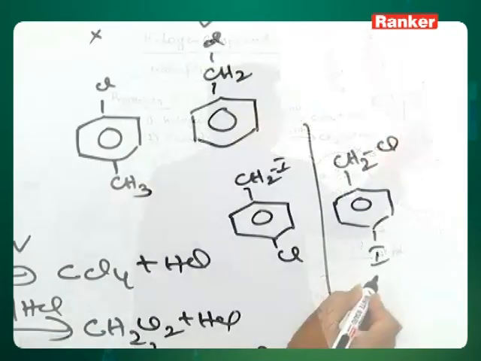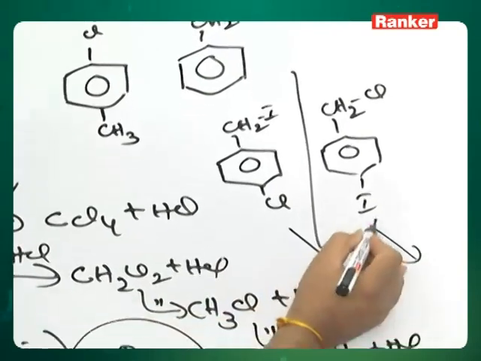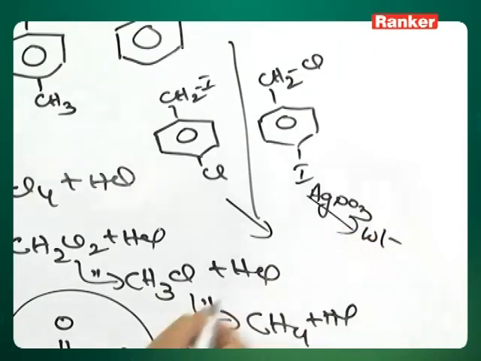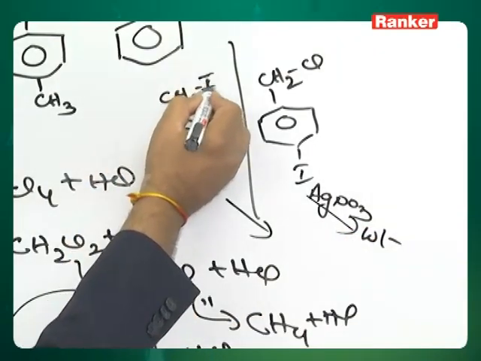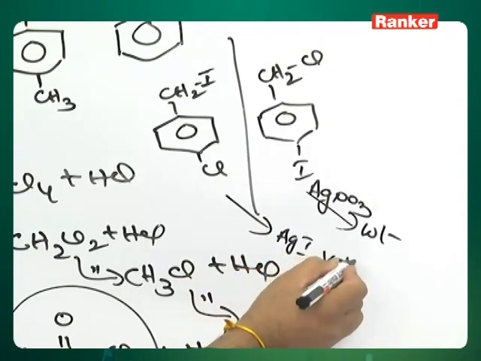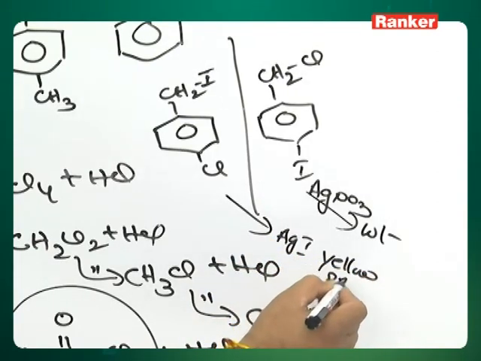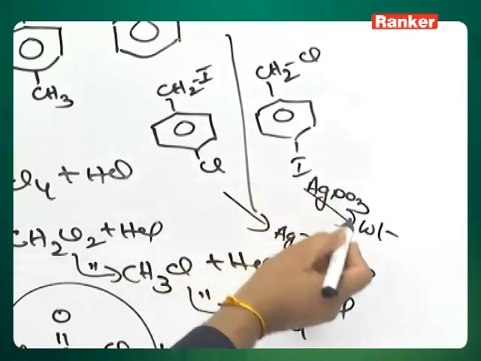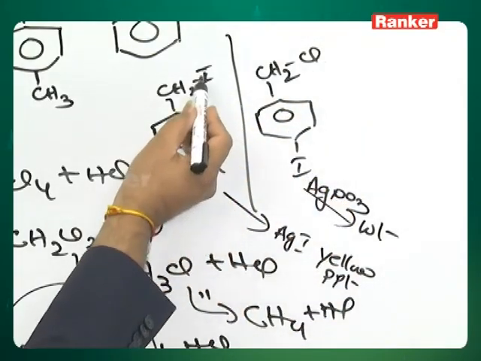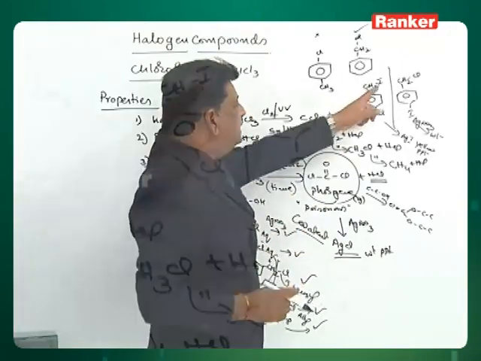So, if both are treated with the silver nitrate, AgNO3, in this case a white color precipitate is coming, in this case iodine is coming, silver iodide comes. Silver iodide happens to be a yellow color precipitate. So you get in one case a yellow precipitate. Both are having chlorine and iodine, but the linkage is benzylic.